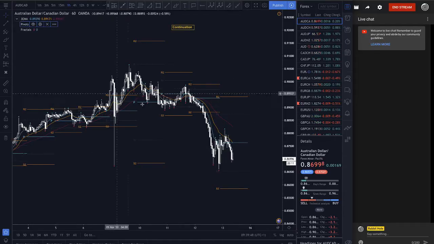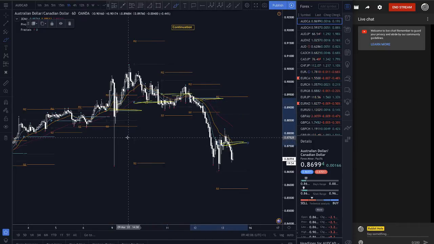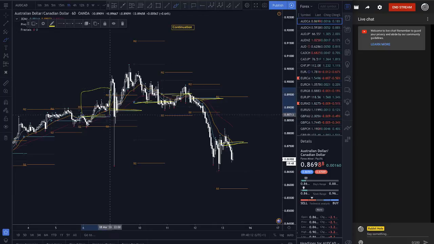Many times the second support or second resistance got hit more than on the classical. Again, this is my personal preference, and my trade entry is the same because the central pivot is the same on the Fibonacci or on the classical pivots. Actually, no matter what pivots you're using, the central pivot is the same, because it's calculated from the previous data to predict what is going to happen in the future.